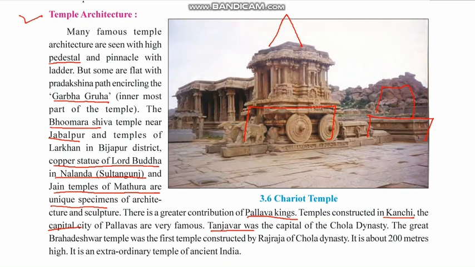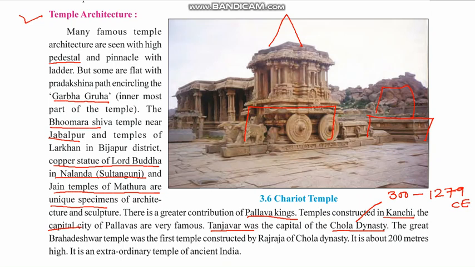The Chola dynasty ruled India from, you can say, 300 to 1279 CE. That is a very long time, and they are considered one of the longest ruling dynasties in the world.